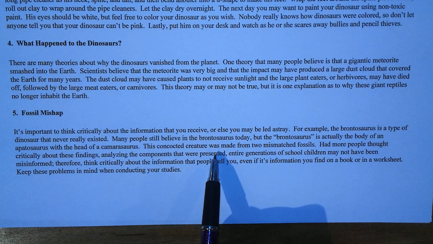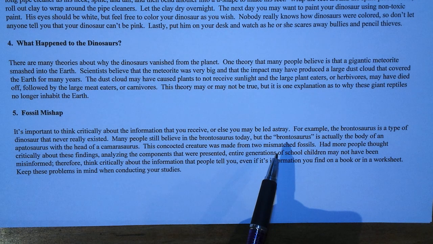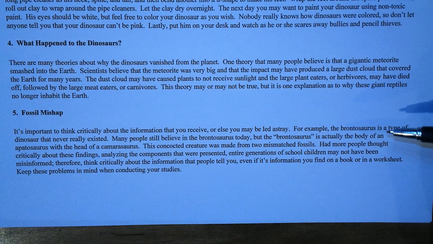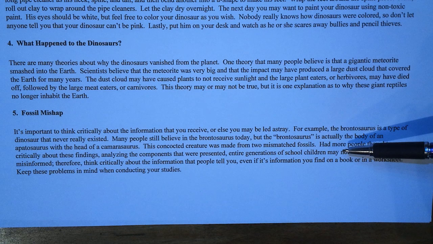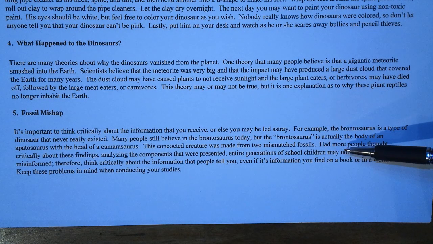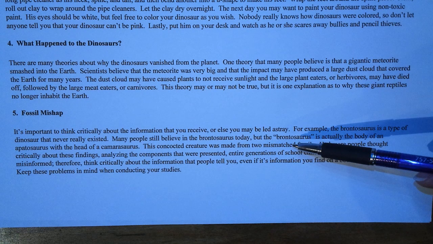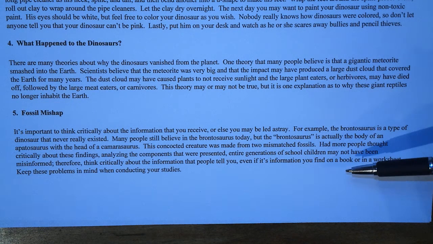In other words, they thought the two fossils were the same dinosaur and they put them together wrong. Had more people thought critically about these findings, analyzing the components that were presented, entire generations of school children may not have been misinformed. Therefore, think critically about the information that people tell you, even if it's information you find in a book or in a worksheet. Keep these problems in mind when conducting your studies.